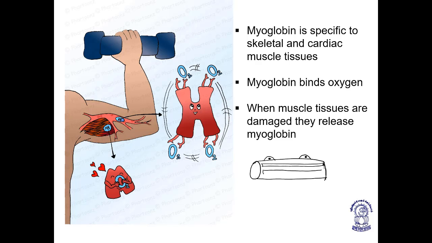These are the muscle fibers I'm drawing. These muscle fibers are known as myofibrils. They are filled in between with cytoplasm, which is known as sarcoplasm. And the membrane is the sarcolemma. This is the nucleus.